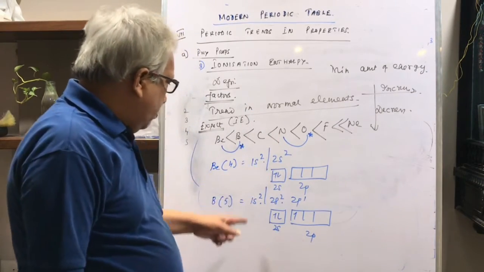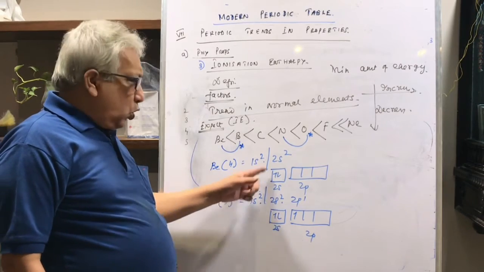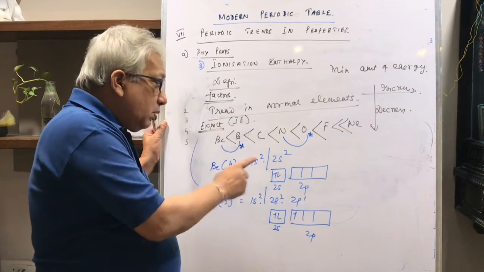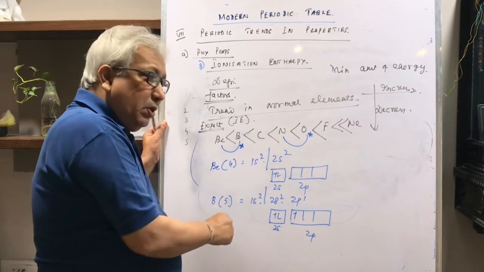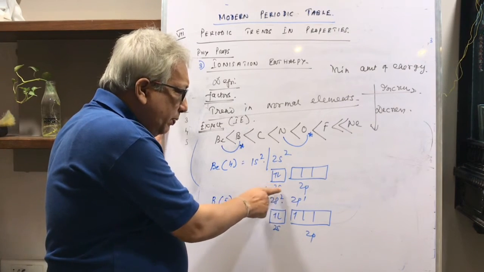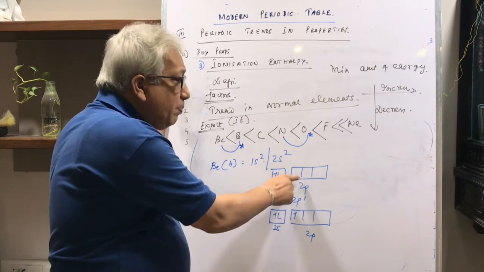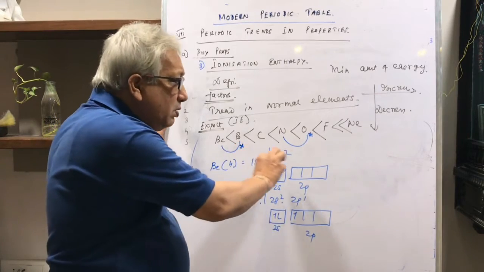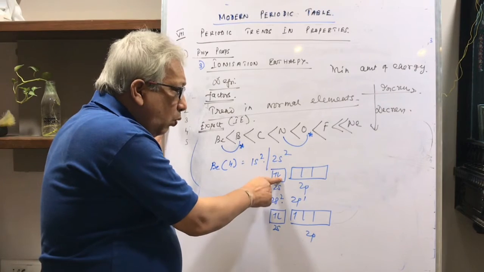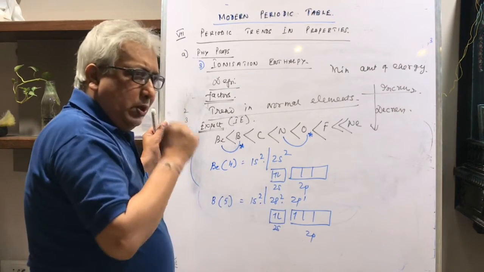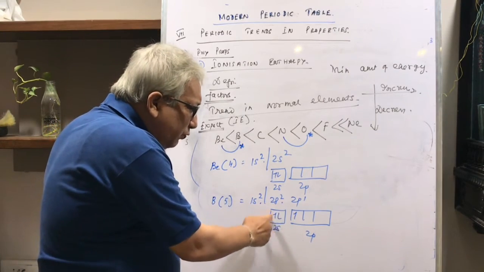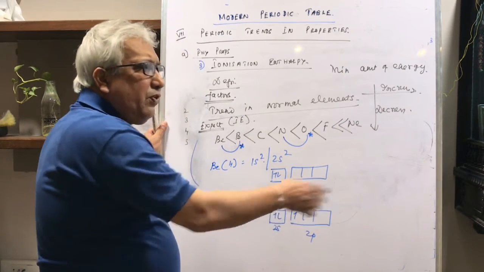Now if you look at beryllium and boron, boron might be a little smaller, but in the case of beryllium, this 2s orbital, s subshell of the second shell, is fully filled and p is completely vacant. So this gives it extra stability, and you will find it very difficult to remove the electron from this paired up 2s. Whereas in the case of boron, the 2s is fully filled, but 2p is neither fully filled nor half filled nor vacant.